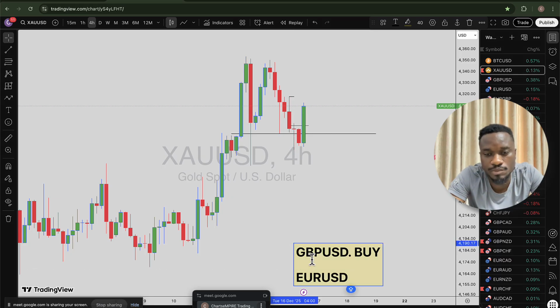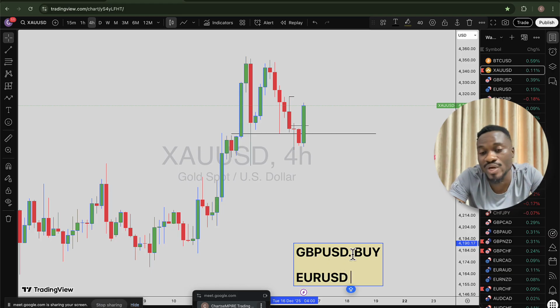If you are buying GBP, you believe USD is weak. Now, if you believe USD is weak, then any currency paired against USD, you should be buying them. If you can't see buy, leave them. But if you see sell, you have to be very careful. Why? Because if you open a buy position on GBP USD and you are now selling USD on other currency pairs, then you are trading against your own position.